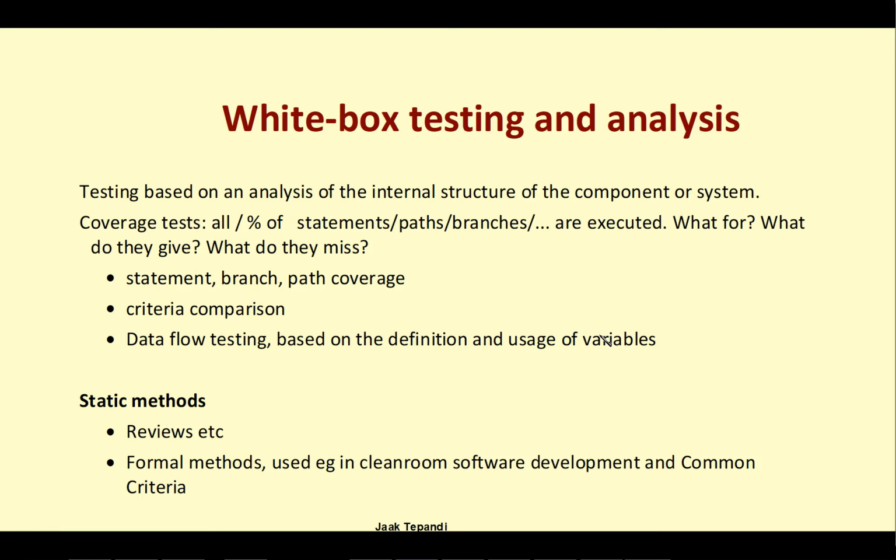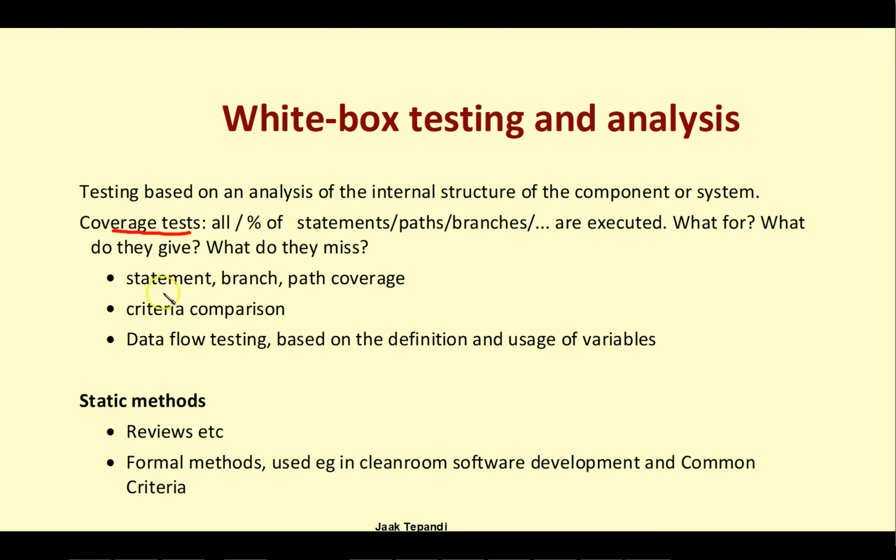If we think about what additional we have when we have the program text that can be used for testing, for creating tests, then obviously the code can be used in a variety of ways. One way is that we want to cover different parts of the program or its components, so cover its tests.